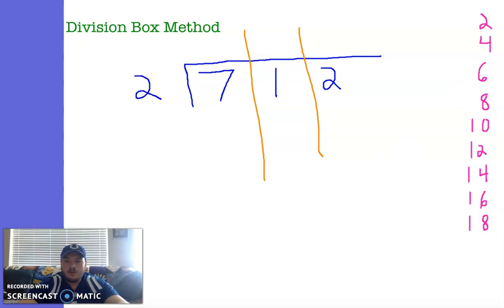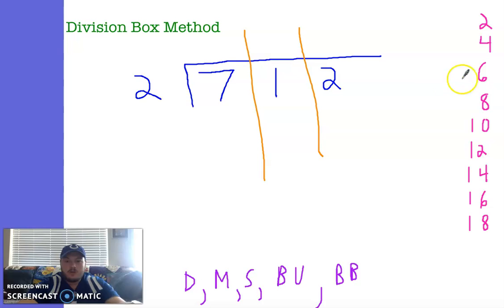If I'm also struggling to remember my steps, I'm going to remember this little acronym. So divide, multiply, subtract, bring it up, and bring it back. And I'm going to put a comma in between these to separate them.